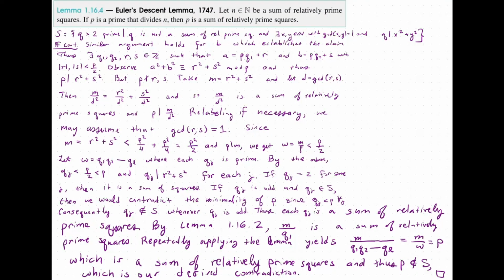So now that we are done, I just want to mention a couple of historical comments. This proof is very similar to the one Euler did, but not exactly the same. Of course, we use modular arithmetic at some points in the argument. But more importantly, we did it in the language of set theory. We constructed a set.